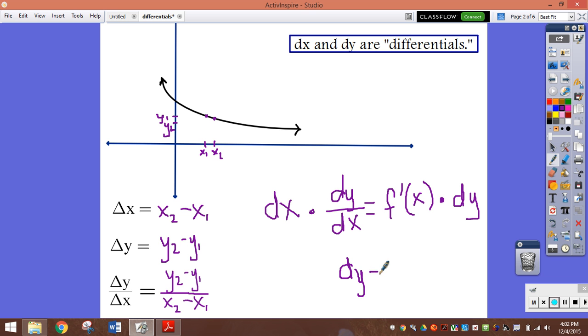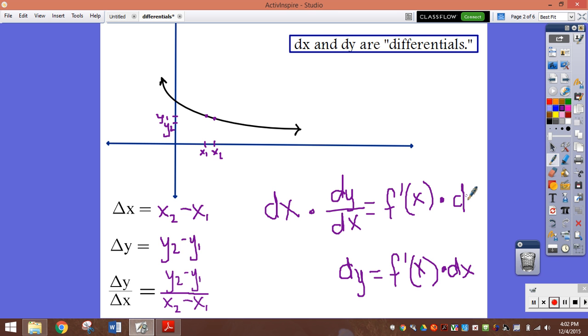And this is really sloppy. So in the end, we know that dy is equal to the derivative f prime of x times dx. I realized up here that I should have written dx.